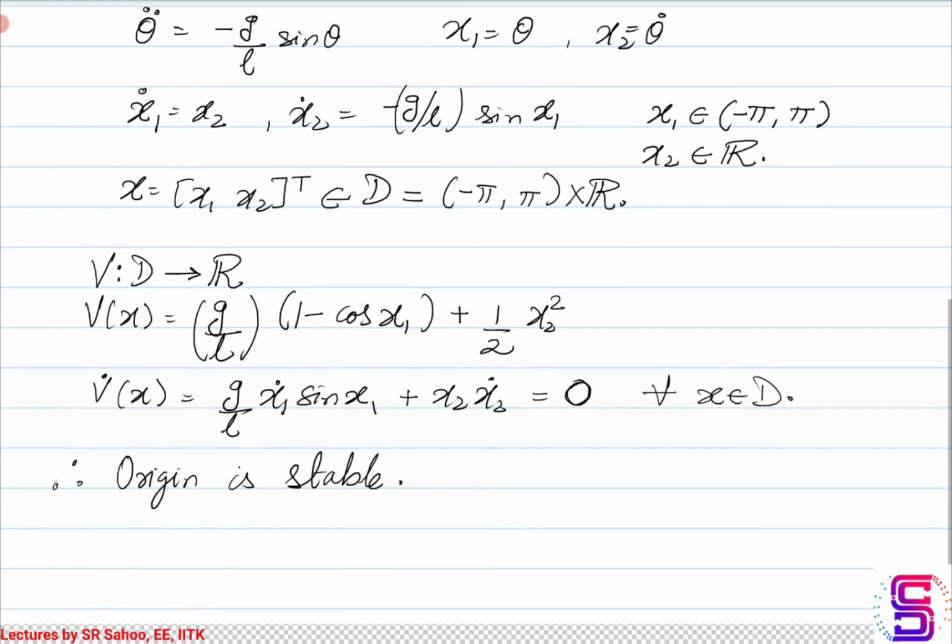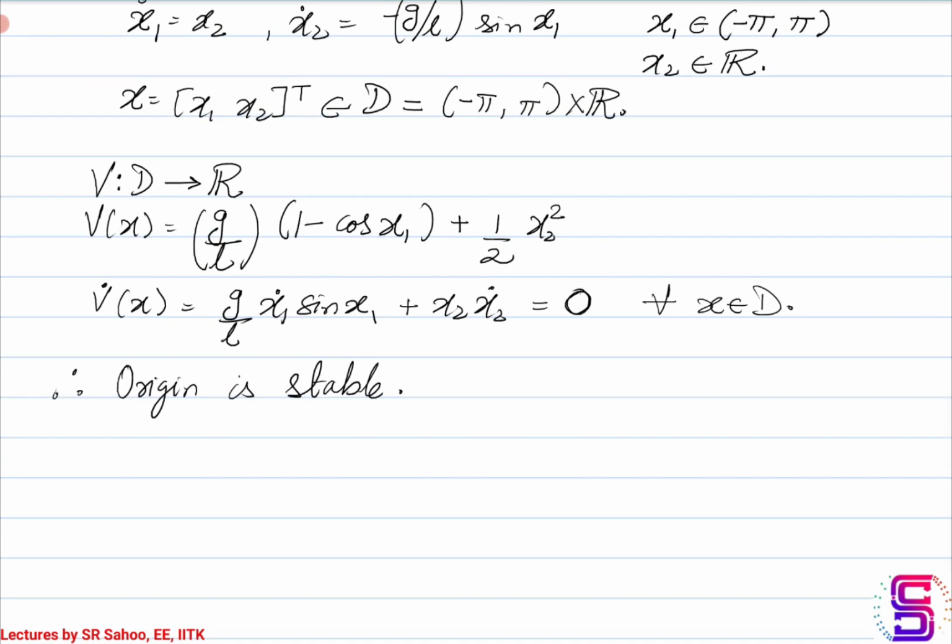Okay, now let's modify this pendulum equation, and let's say that we have it in the form of theta double dot is minus g by L sine theta minus k by m theta dot.